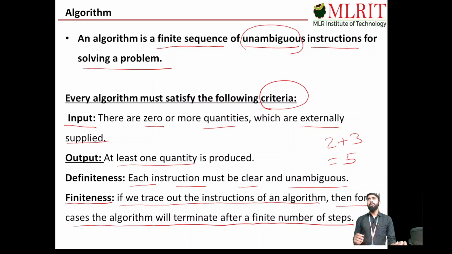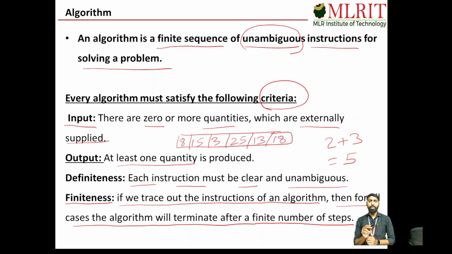For example, take linear search. What is linear search? In linear search, we store the numbers in a list. Let us assume the numbers are 8, 15, 3, 25, 13, 18.